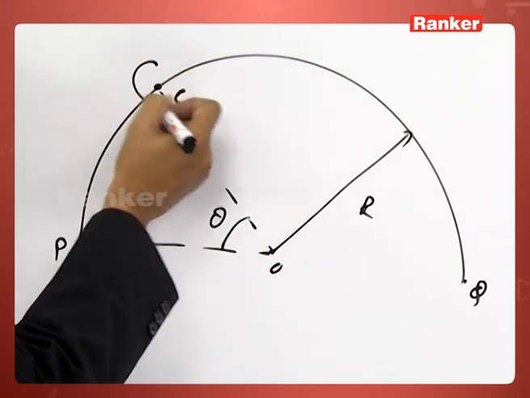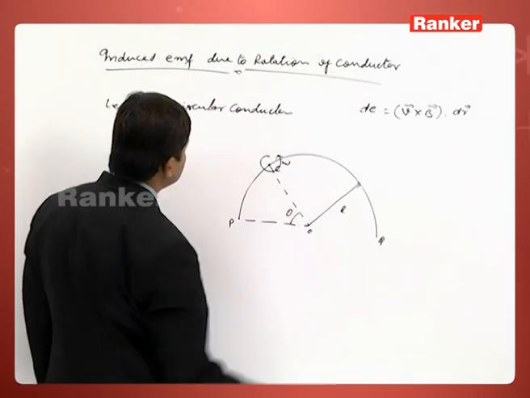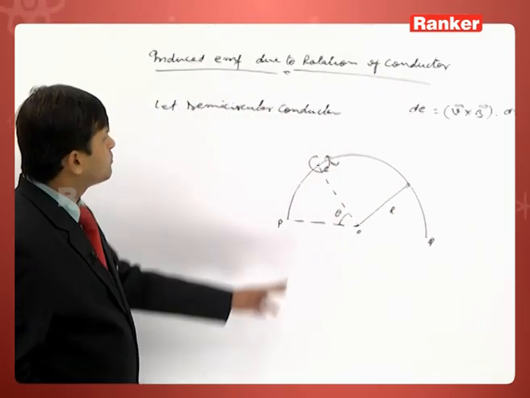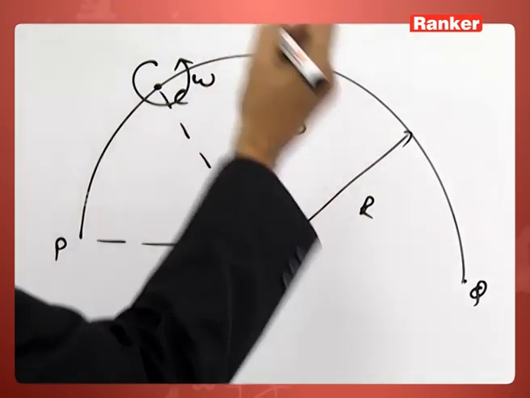Now our conductor is rotating about this point C in uniform magnetic field B.